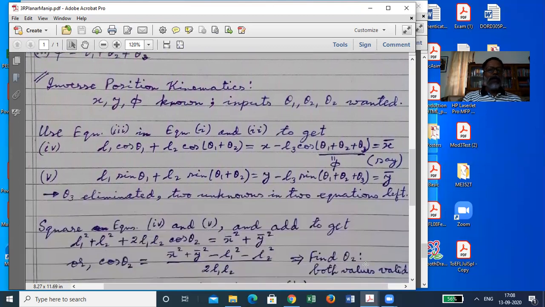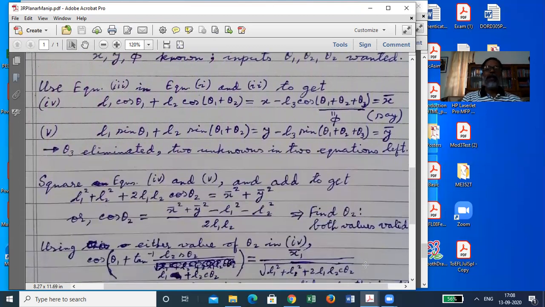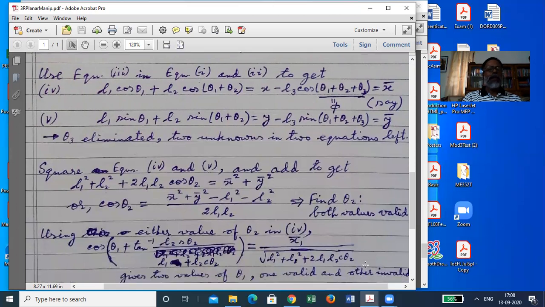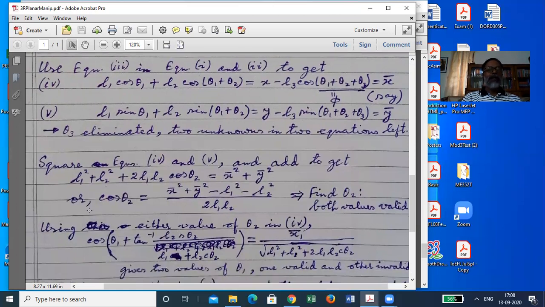And now you find that theta 3 has gone out of business. Now only two unknowns are left, theta 1 and theta 2. And the eliminant equations are now here, 4 and 5. If you spend enough time with it, you will be able to solve these two together by eliminating another unknown.